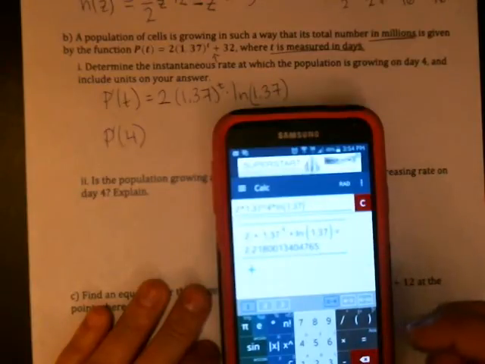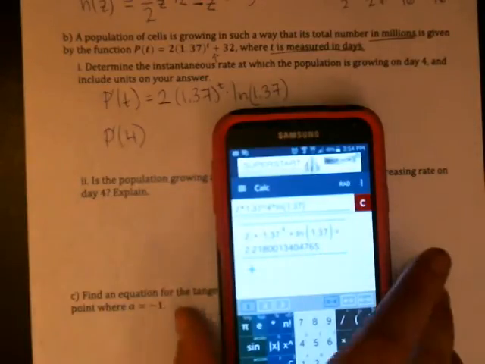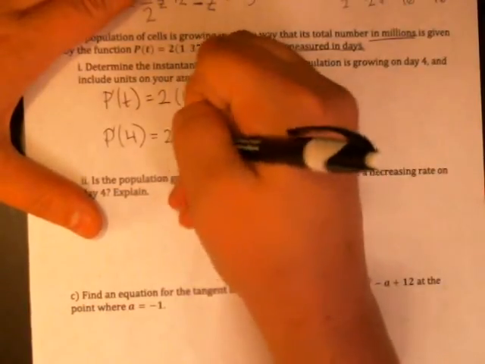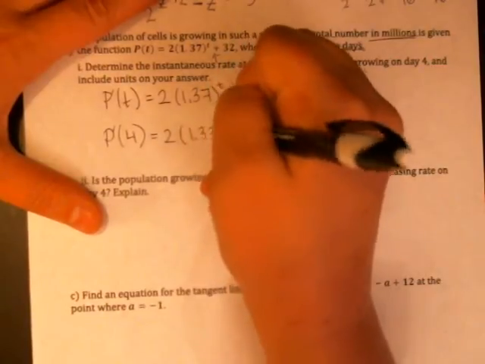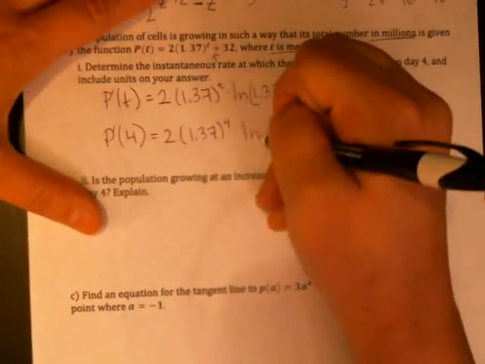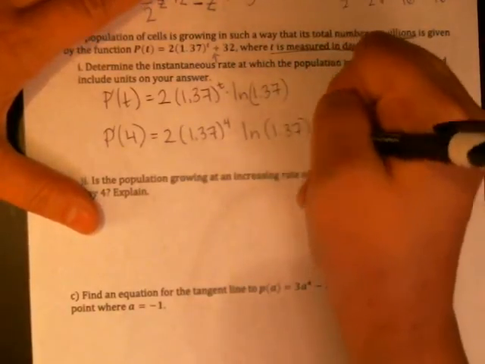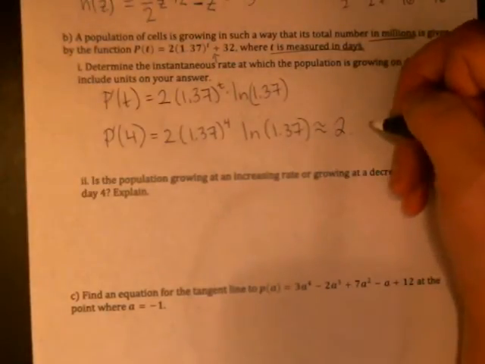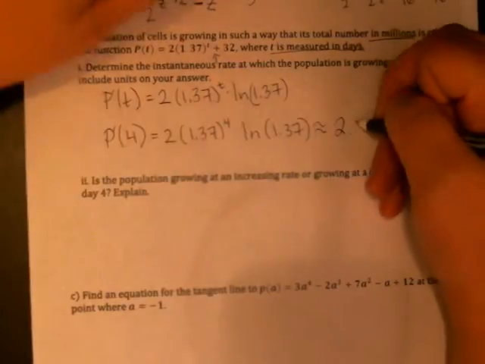Okay, is 2.218 approximately. All right, so we had 2 times 1.37 to the 4 times the natural log of 1.37 is about 2.218.